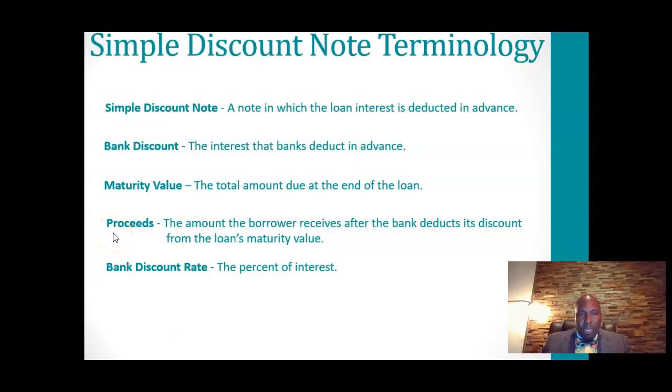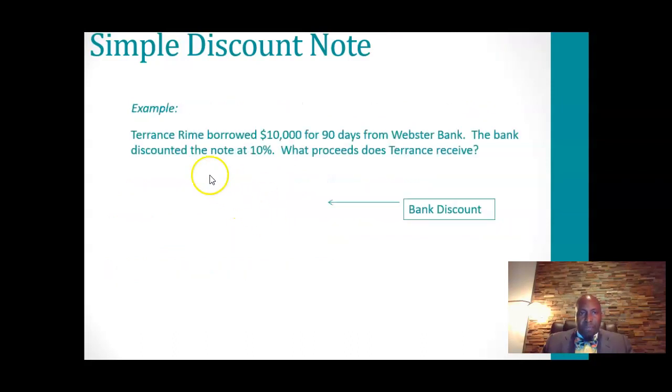Speaking of proceeds, that's the amount the borrower receives after the bank deducts its discount from the loan's maturity value. And last, the bank discount rate is the percent of interest. So when doing simple discount calculations, make sure you first understand this terminology. Now let's do some actual calculation.